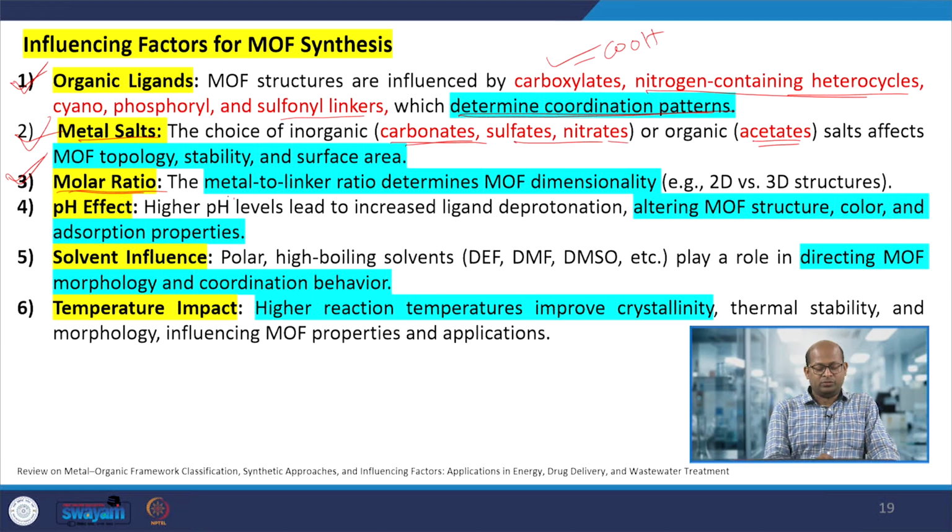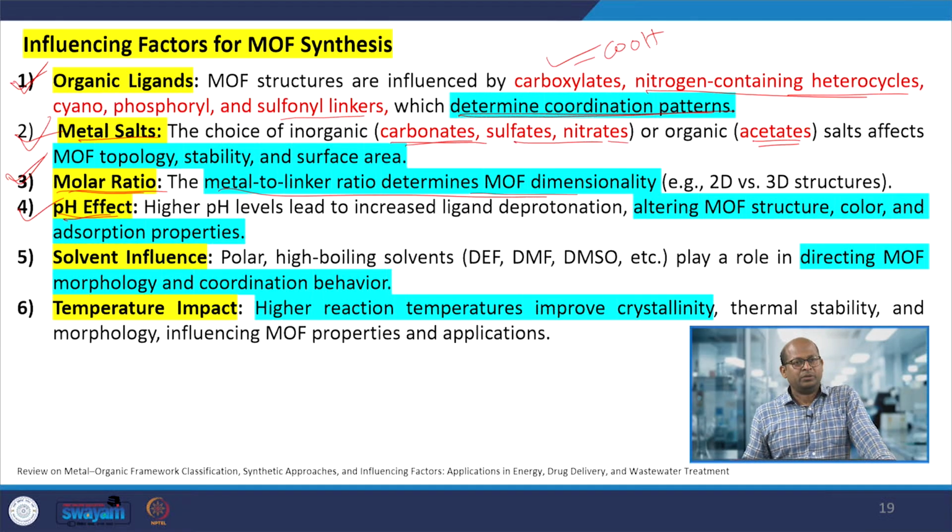Molar ratio and concentration are also very important. The linkers and metal ions taken to prepare the MOF, the individual metal ion concentrations, are important. We can use either one metal or two metals for a particular preparation, and their concentration ratio with the linkers is very important. Okay, so that even alters the pH of the system.